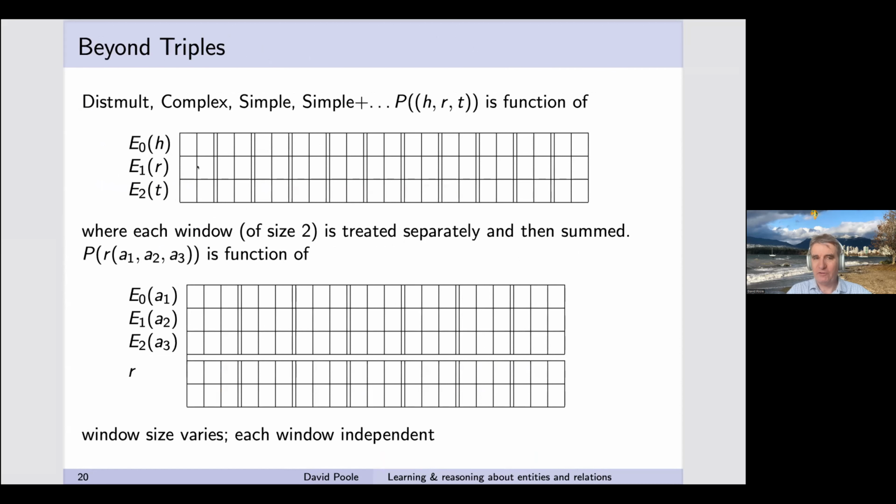You have two embeddings for each relation. And so you can actually represent all of these in terms of these embeddings. You multiply 3 of them and add 2 of them in some way for each of them, and then you add up all these different windows. That's how a whole lot of these ones work. These sort of pure embedding ones work by just having embeddings of relations. So that's how they work.